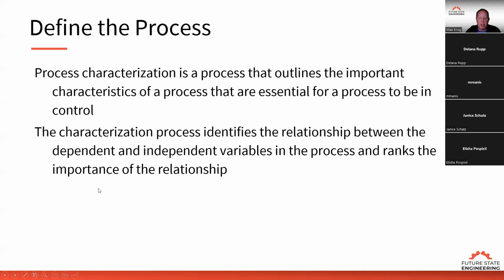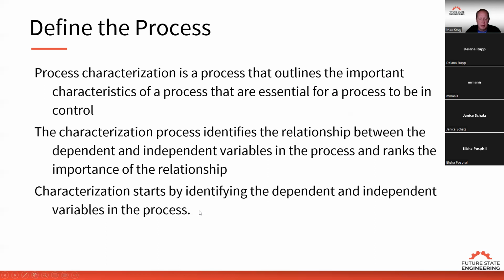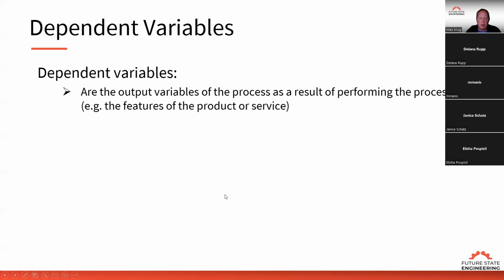Process characterization is creating the link between the dependent and independent variables of the process, and then ranking the importance of the relationship. So it starts by identifying what those independent and dependent variables are in the process.